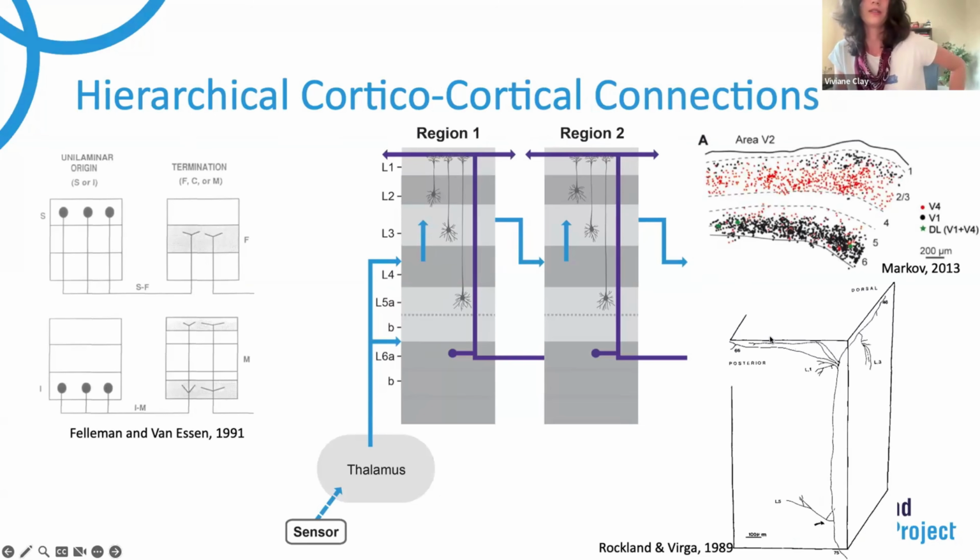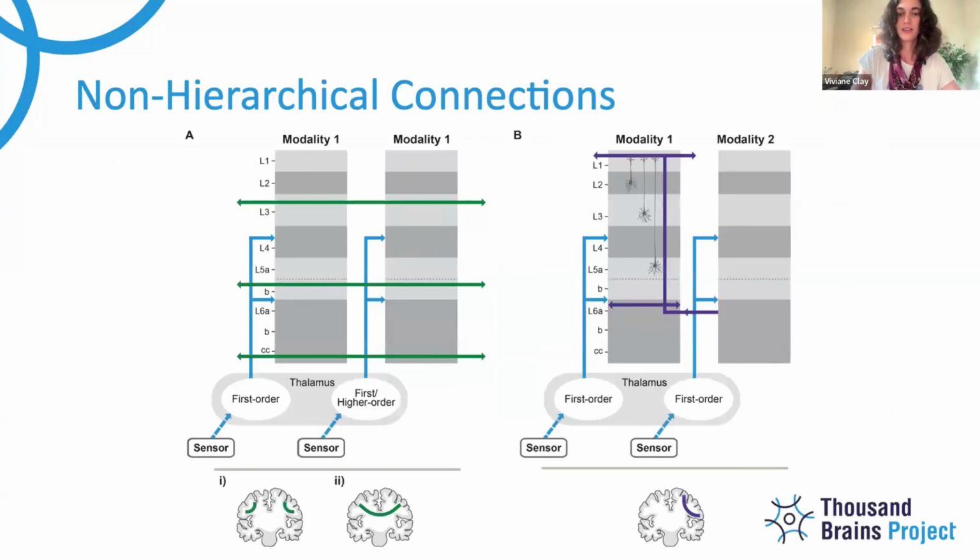All right, so these are the classical hierarchical connections that everyone learns about in the textbooks. Then we have non-hierarchical connections, and basically there are 2 points to make here. One is a lot of cortical columns, even at higher regions in the cortex, receive sensorimotor input.